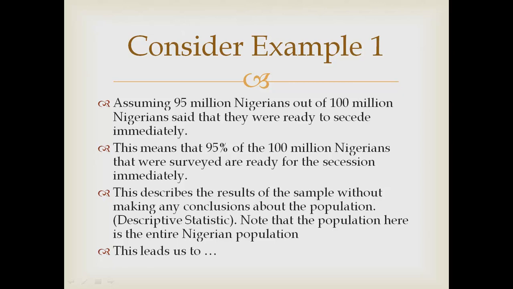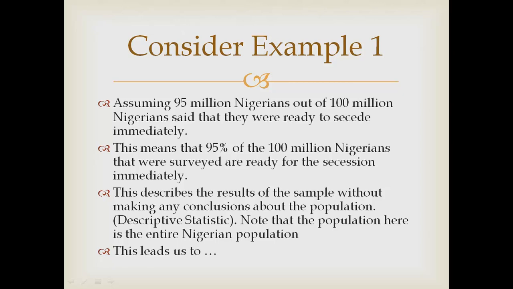So this means 95% of the 100 million are ready for the secession immediately. In this case, you're just taking the sample and getting a result from the sample, without touching the population.